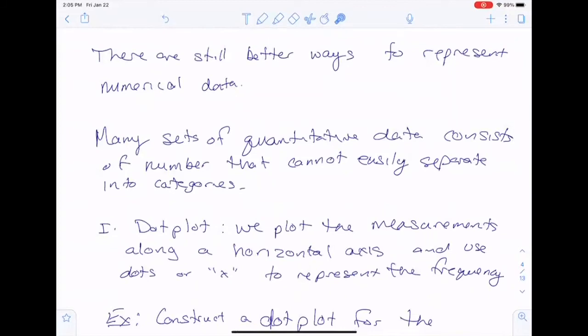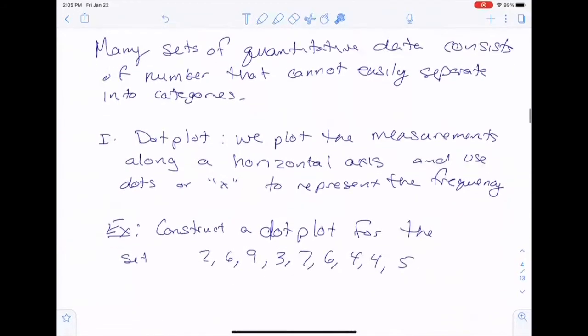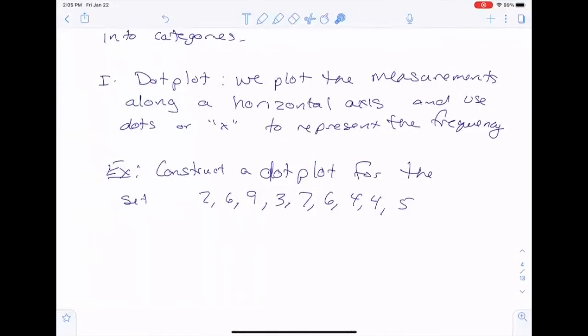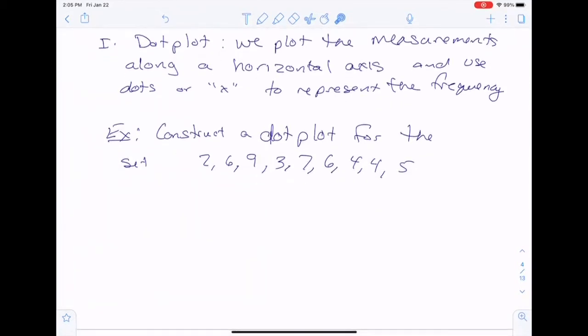In a dot plot, we plot measurements along some sort of horizontal axis and use actual dots or little X marks to represent the frequency. So we could take a data set like this, some example of a data set of 269, 376, 445, and represent a dot plot. We're going to list the values 2, 3, 4, 5, 6, 7, 8, 9, and put a horizontal bar.